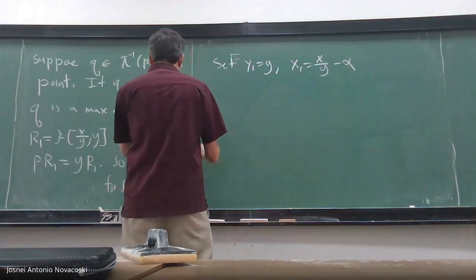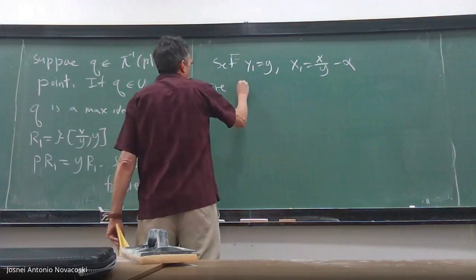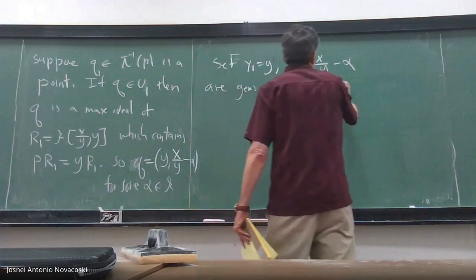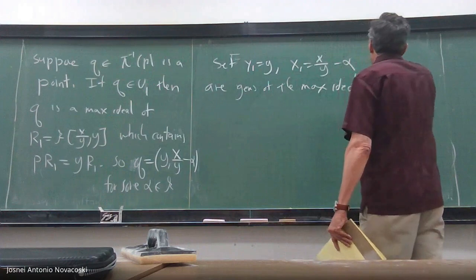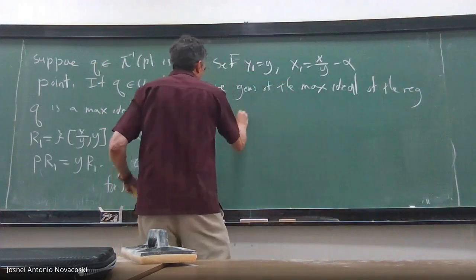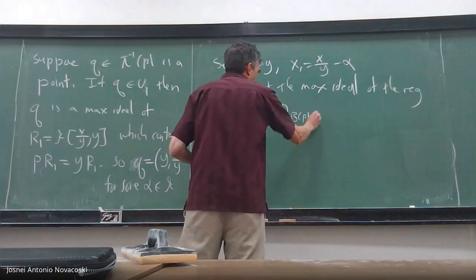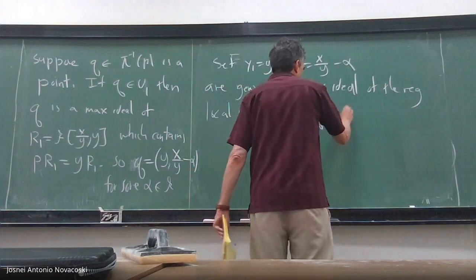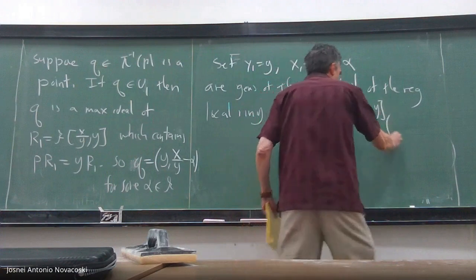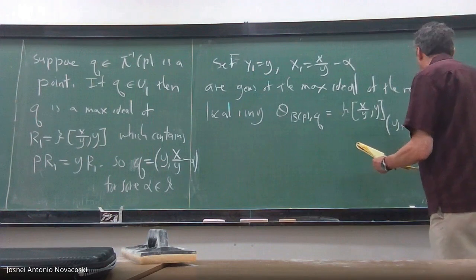These are regular parameters, the generators of the maximal ideal of the regular local ring O_{V,Q}, which is just K[X, Y, Y/X] localized at the ideal (X/Y minus alpha).